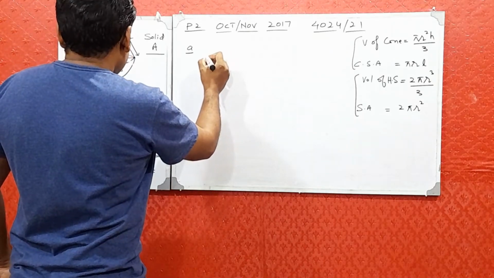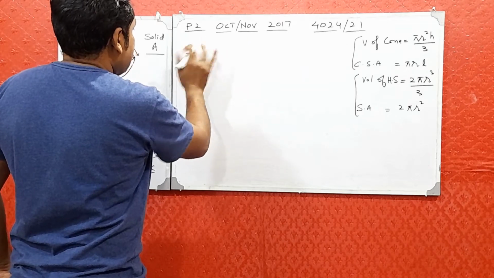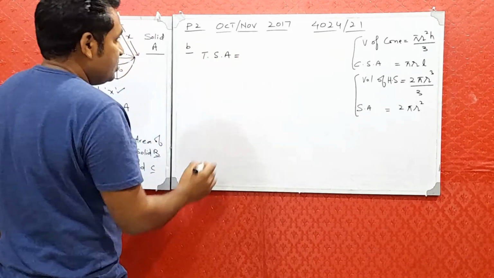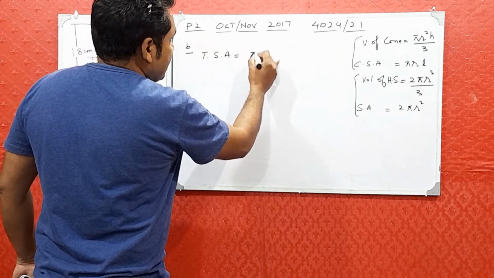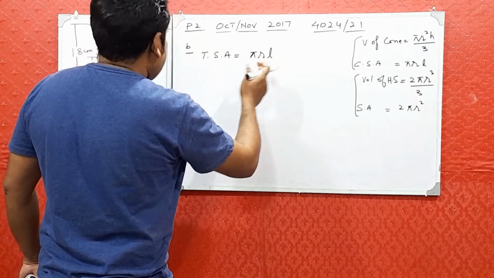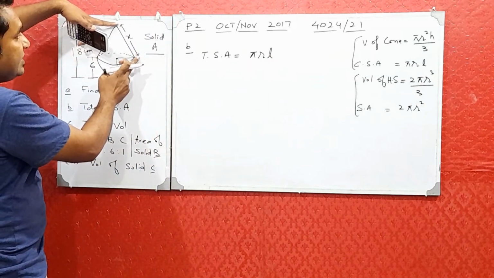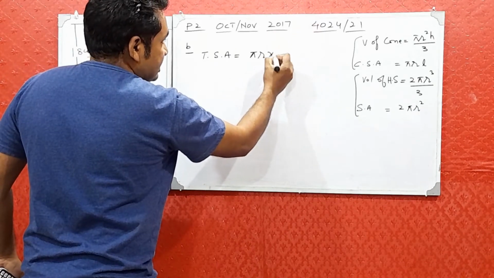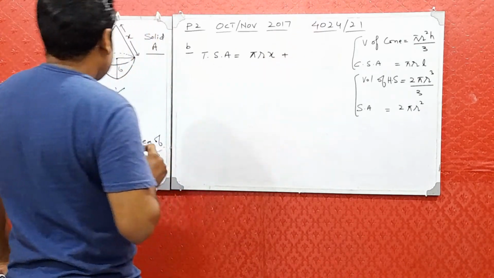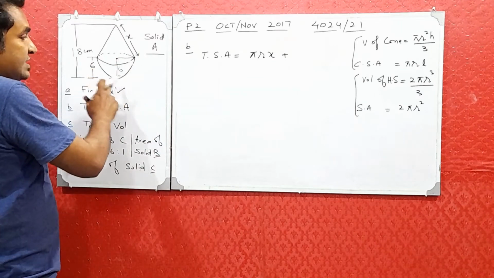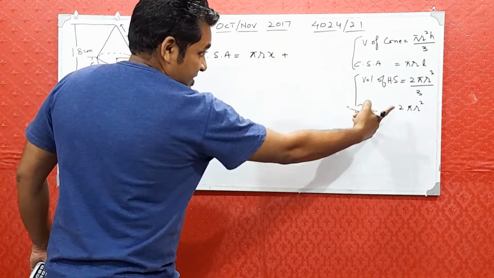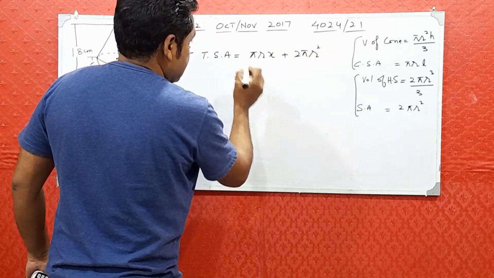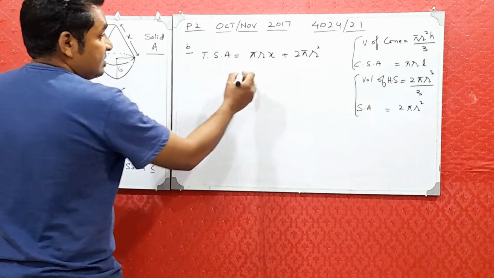This is part number B. So total surface area is equal to the curved surface area of the cone, pi r L, and in this case x represents the slant height, so pi r x, plus the curved surface area of this hemisphere, which is 2 pi r squared.